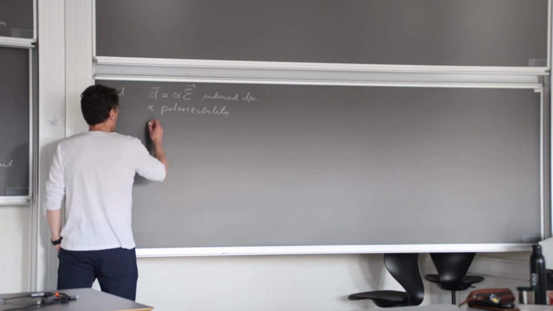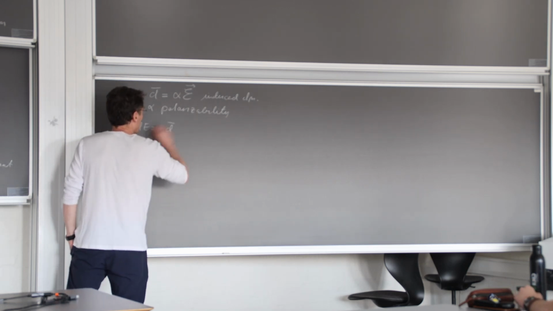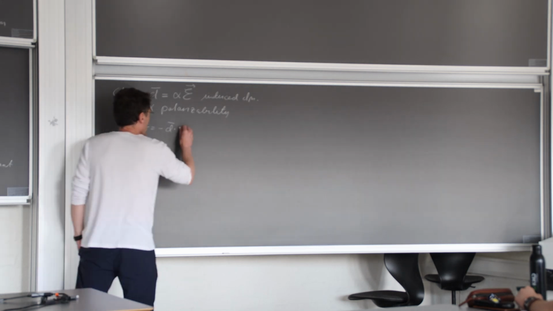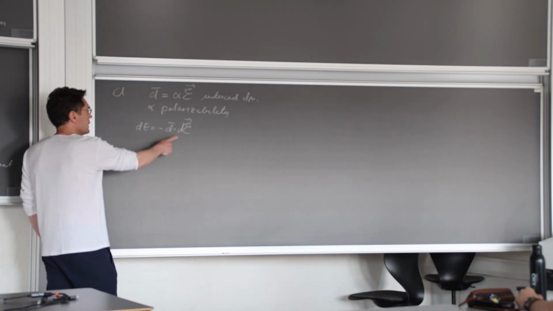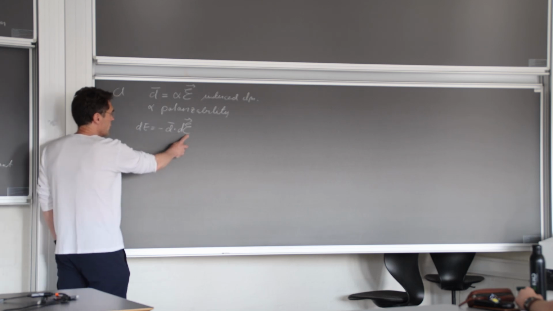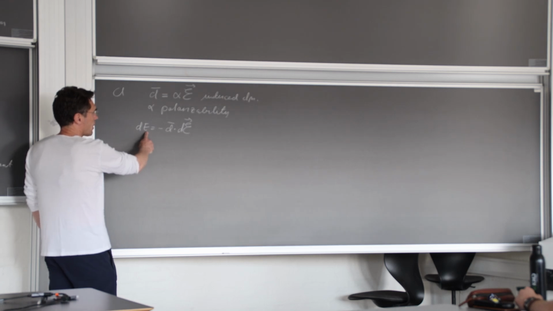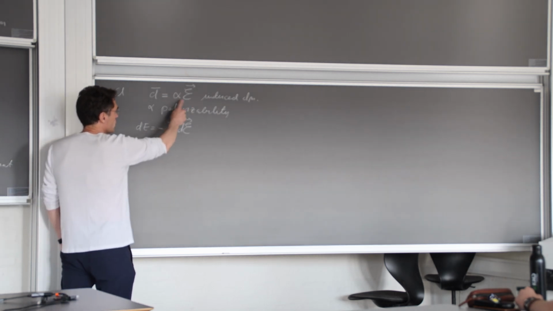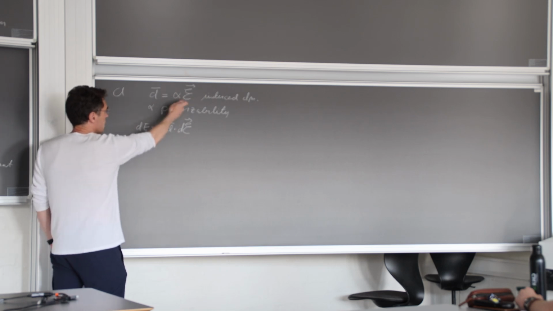Well, I would have a dE, which is minus the dipole moment dotted onto a small change in the electric field, right? So if I increase the electric field from 0 to some infinitesimal value, then that will increase the energy by this much. And the associated dipole moment would be this induced one. So I start from 0 and then I end up with a small induced dipole moment.